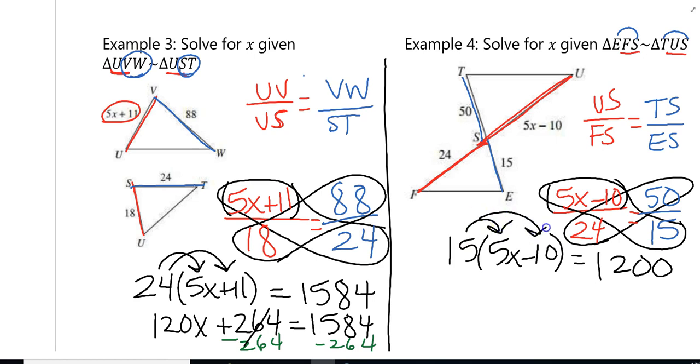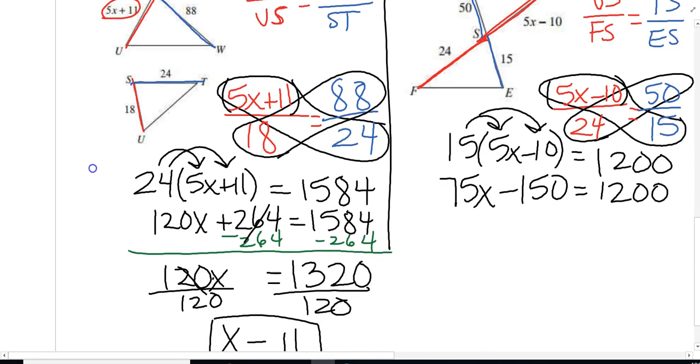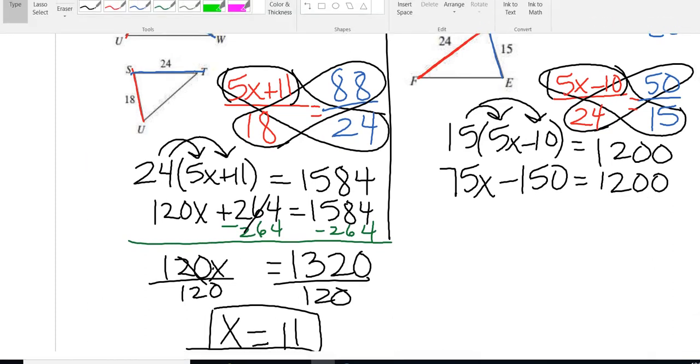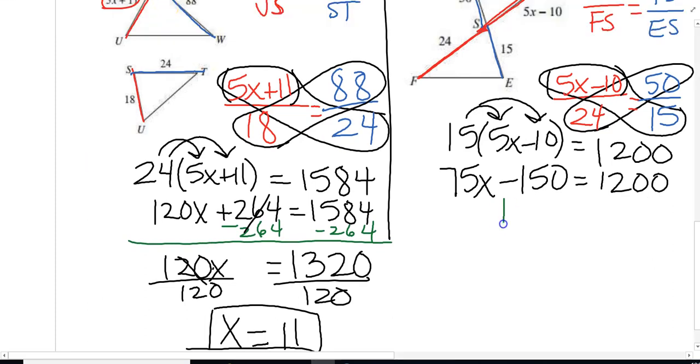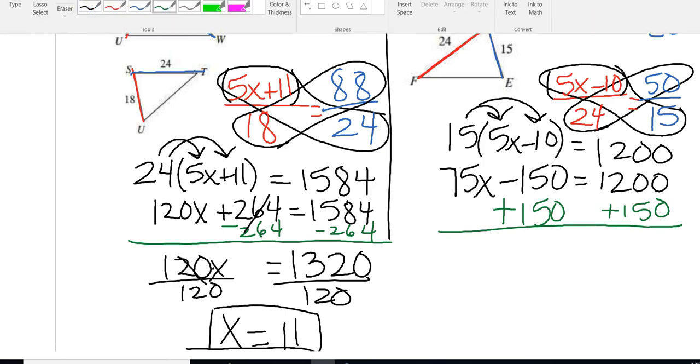Distributing, right? That 15 has to get multiplied in. So 15 times 5x is 75x. 15 times a negative 10 is a negative 150. This is still all equal to 1,200. I want to isolate my x, so I'm going to therefore move over my 150 by doing the opposite, which would be adding it over to the other side. So I'm left with 75x.